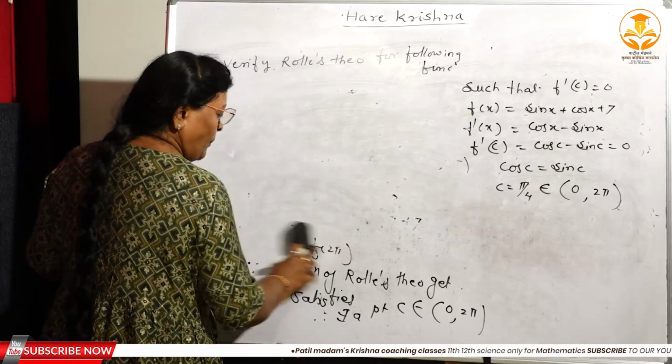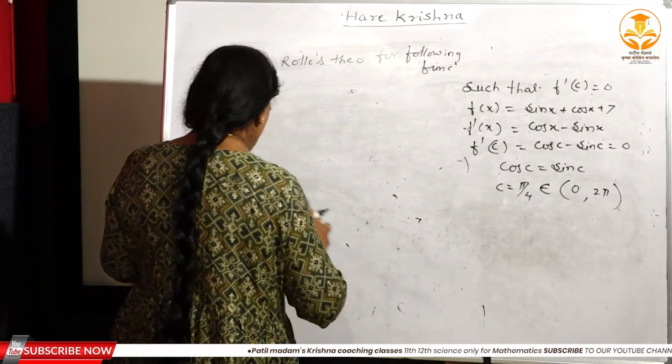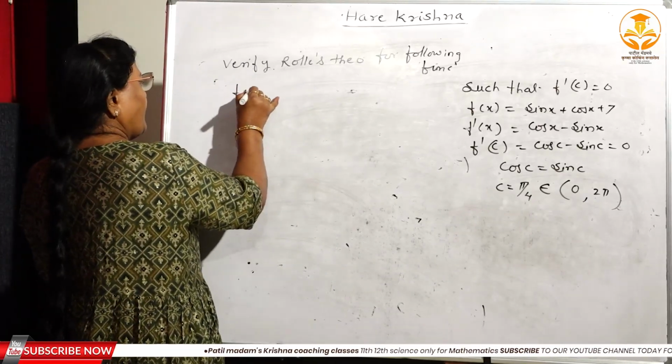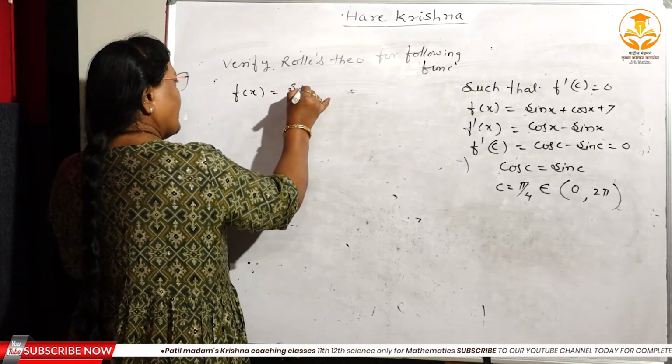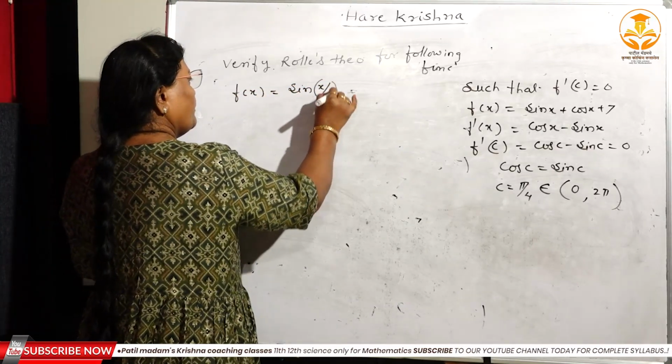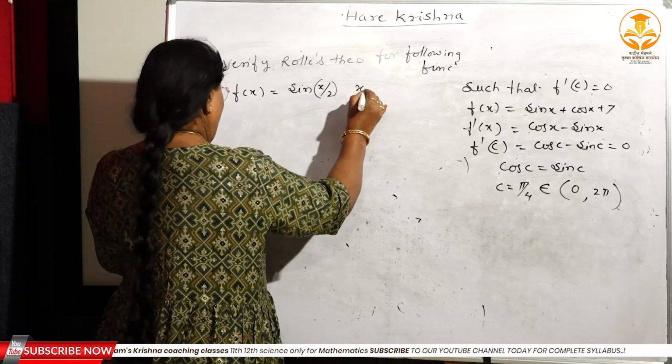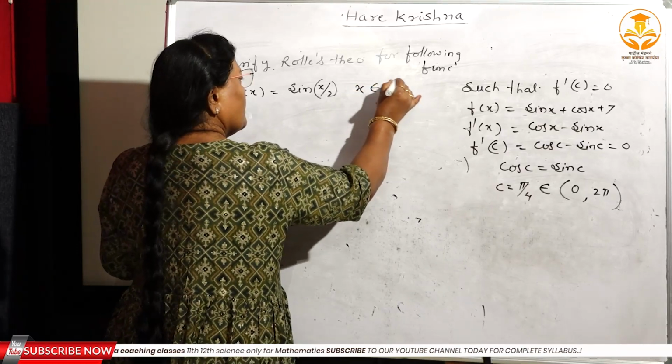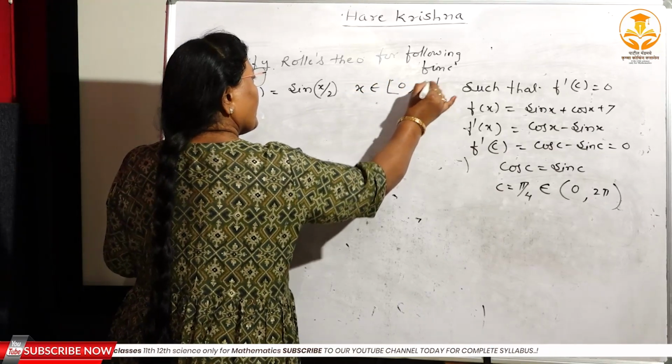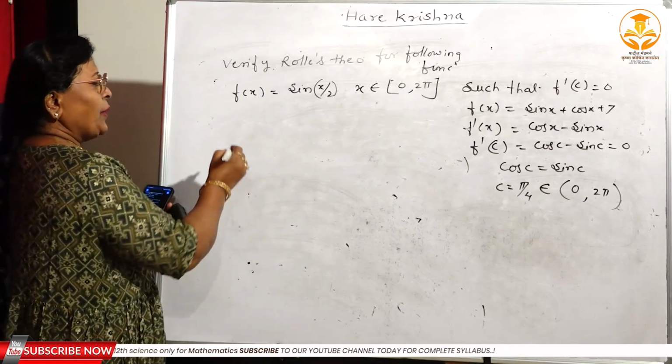That is the third type. See here, the third type. Again I will take f of x is equal to sin x by 2, where x belongs to 0 to 2 pi. See here, this problem.